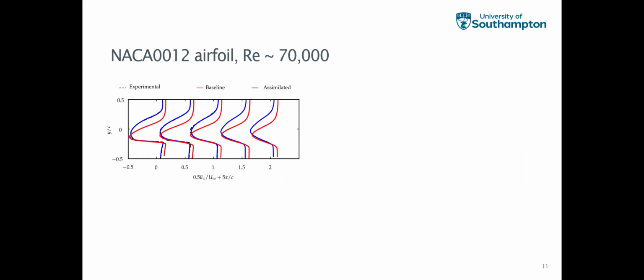And we notice that the effect of the assimilation carries forward downstream. And this is a positive result from the perspective of resolvent analysis, where it's important to have correct wake deficit profiles if you are going to use the mean velocity fields for performing resolvent analysis. So this was also a positive outcome that we observed.